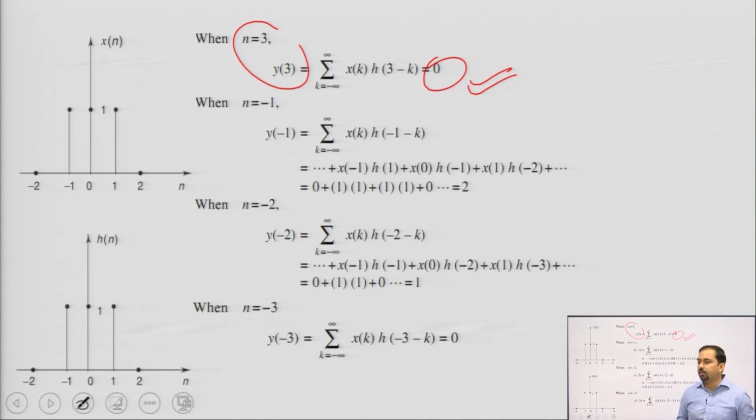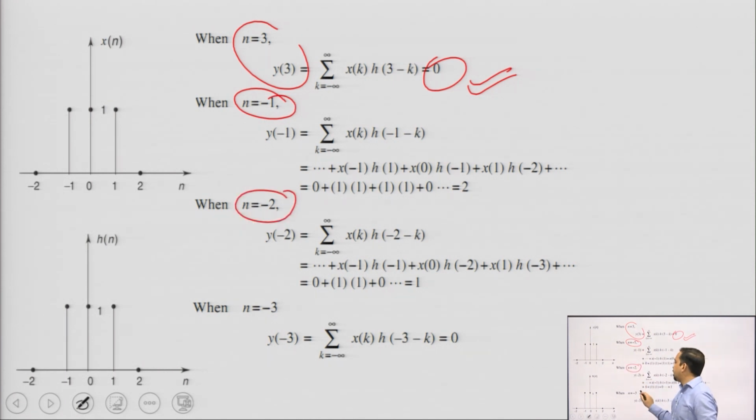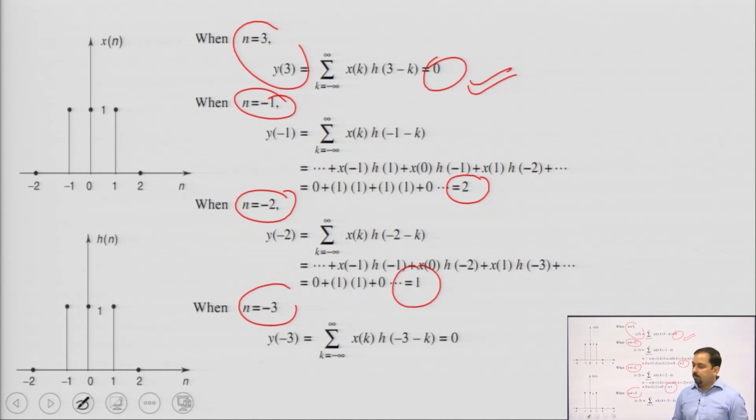Now, when n equals minus 1, minus 2, minus 3 and further, if we try to evaluate, at n equal to minus 1 in a similar fashion we will calculate that the output is 2. For n equal to minus 2 the output is 1, and beyond minus 2, let us say for n equal to minus 3, minus 4, minus 5 and all towards minus infinite, we are getting an output which is 0.